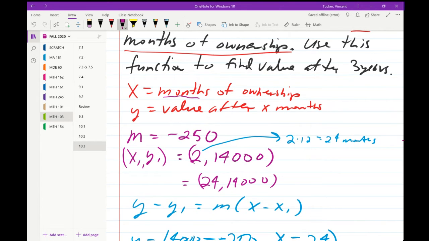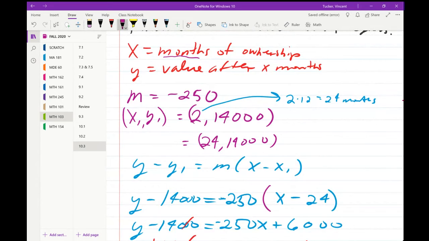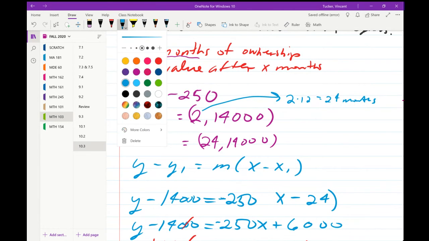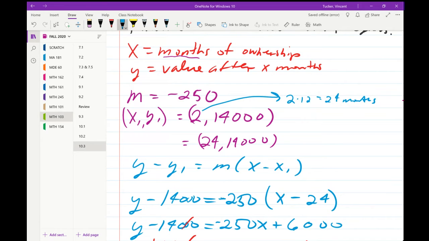All right. So we have this formula that we used earlier, y minus y1 equal m times x minus x1. So our x1, y1, we already stated was 24 and 14,000, and m was negative 250. So plug that in, 14,000 for y1, negative 250 for m, and then 24 for x1.